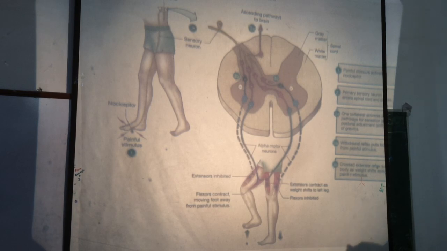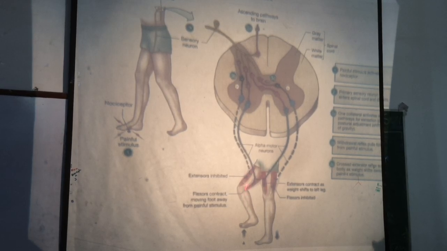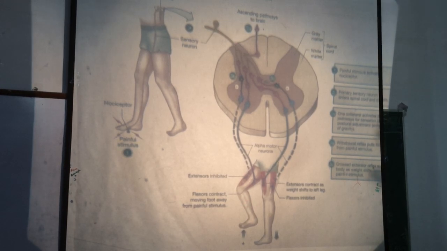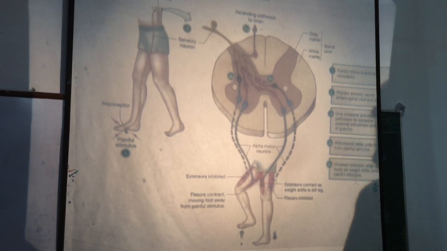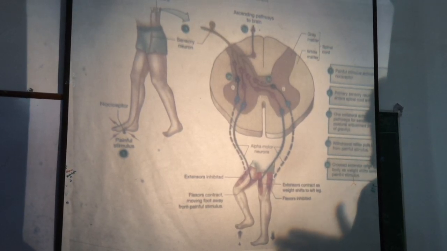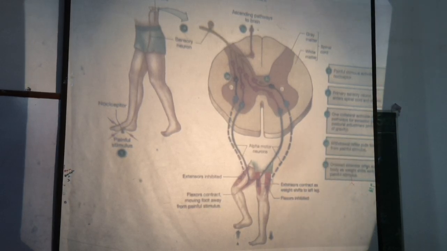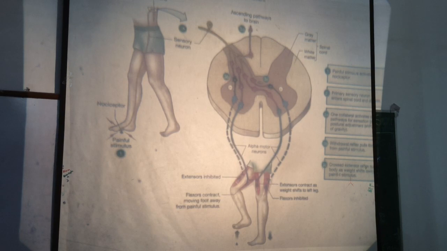If the intensity of the stimulus is strong, then the whole leg is flexed. So the response depends upon the intensity of the stimulus. If not much intensity, only the foot is flexed and withdrawn. If it is a stronger, very painful stimulus, the whole leg is flexed and withdrawn.